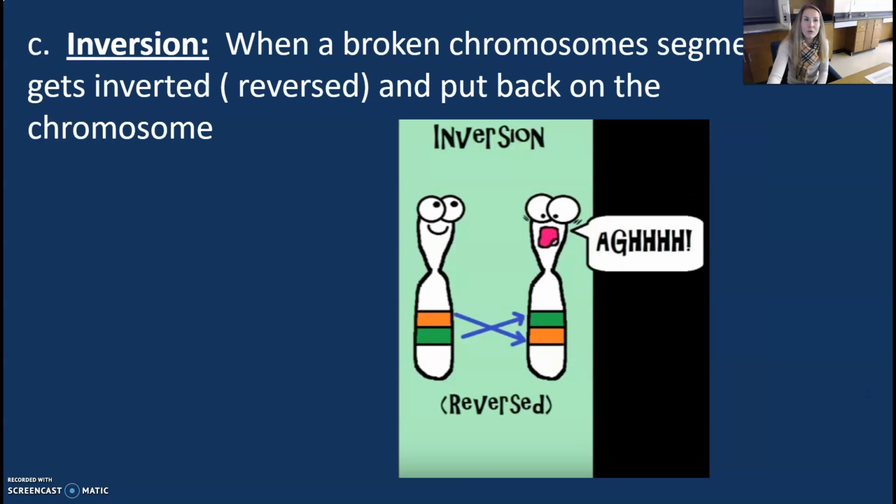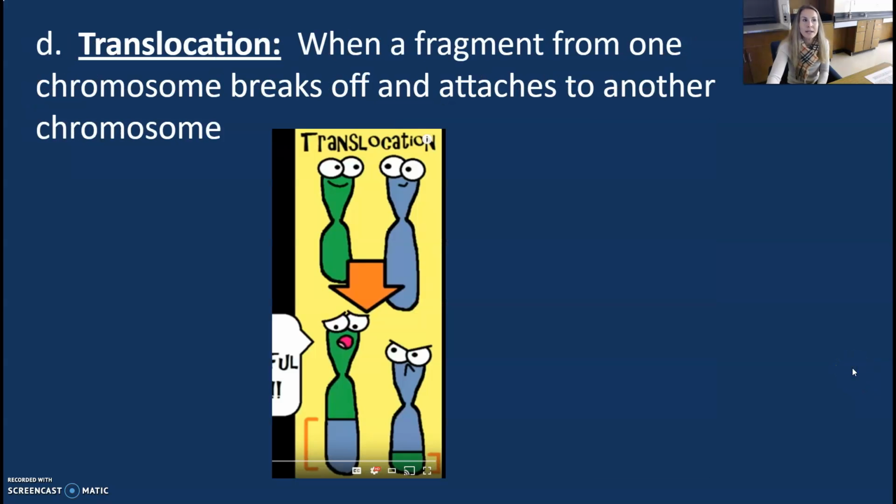Inversion is when a broken chromosome segment gets inverted, or turned the opposite way, and put back onto the chromosome. Translocation is when a fragment from one chromosome breaks off and attaches to another chromosome. We actually see this in Down's syndrome.